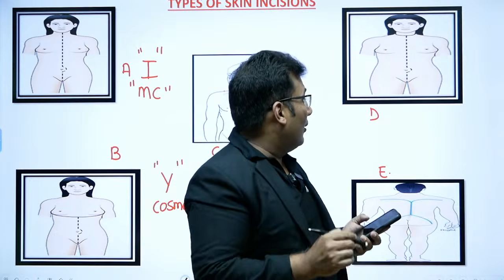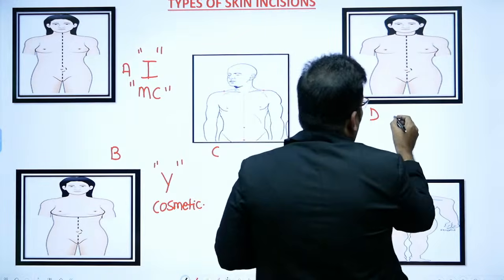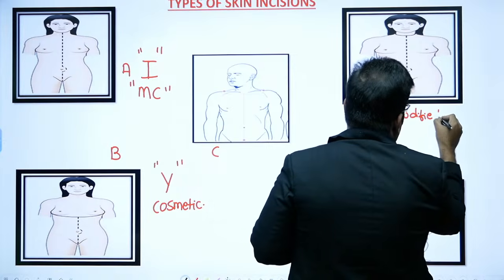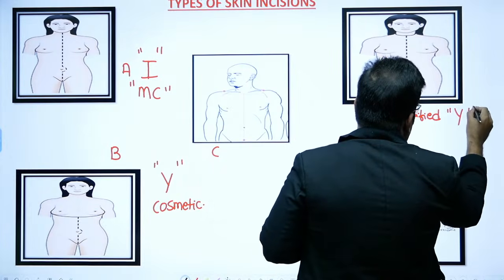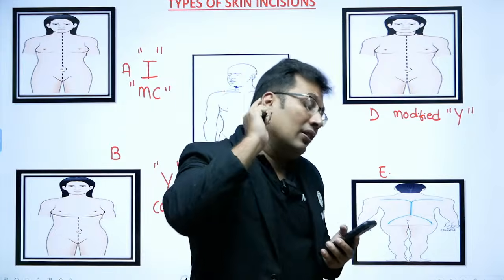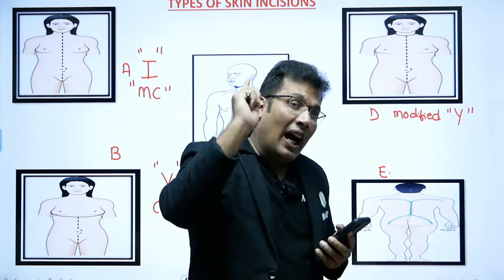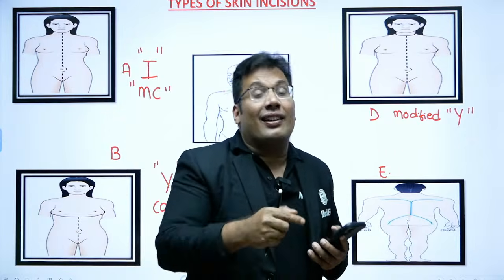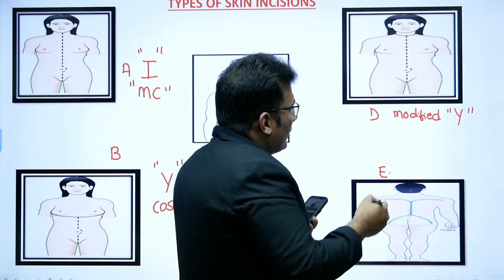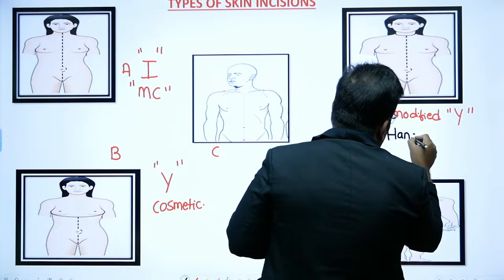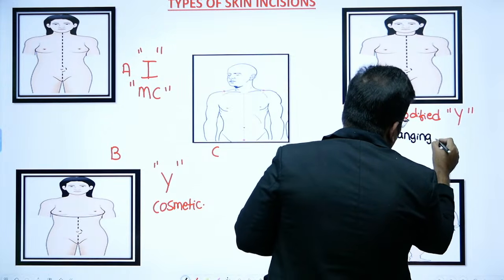Then comes the modified Y. So this is modified Y. Modified Y starts from the mastoid process to the midpoint of the clavicle, and from the midpoint of the clavicle to the sternal joint. Okay, so this is commonly done in case of hanging, strangulation.